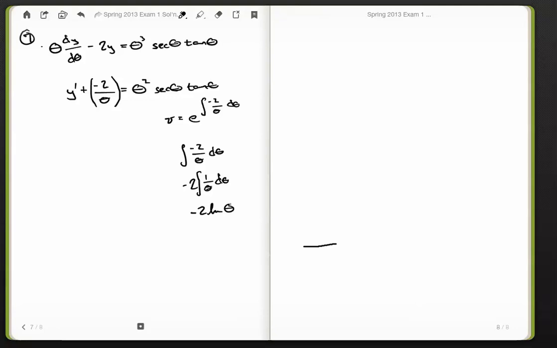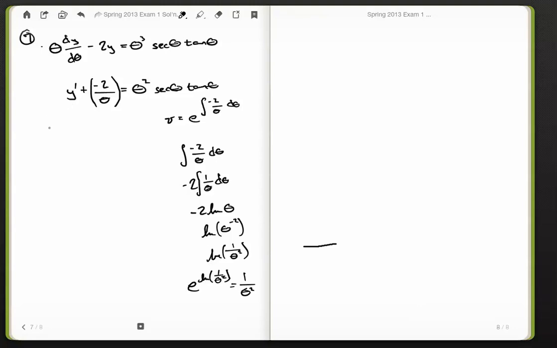But this is where your knowledge of natural logs comes in, I'm going to put the negative 2 up here. So that becomes natural log of theta to the negative 2, which becomes natural log of 1 over theta squared. And e to the natural log of 1 over theta squared just equals 1 over theta squared.